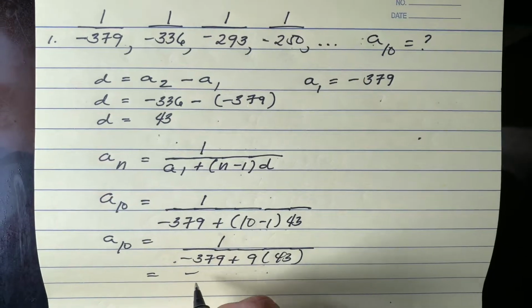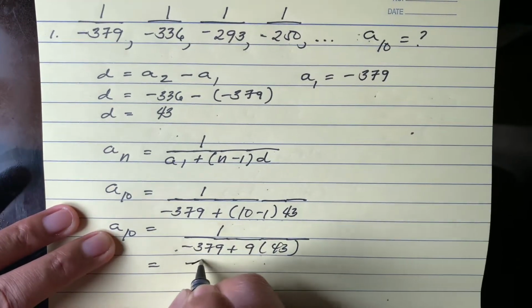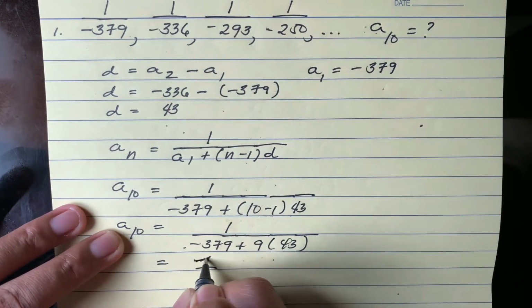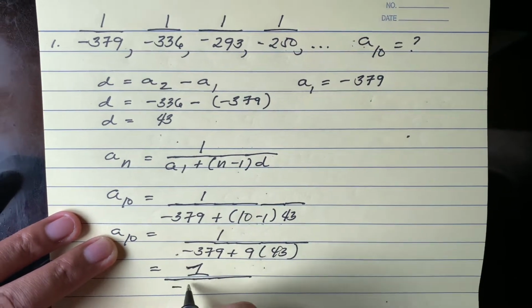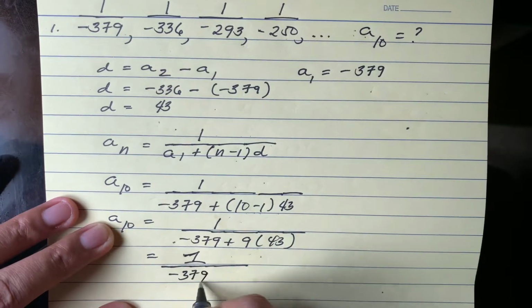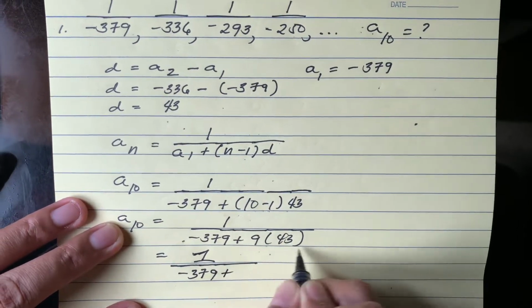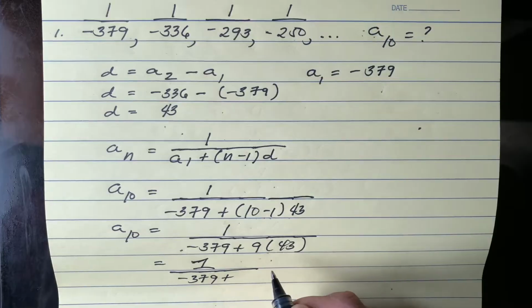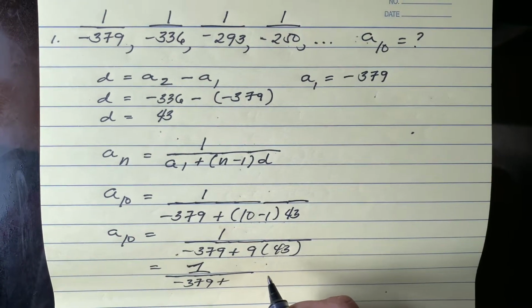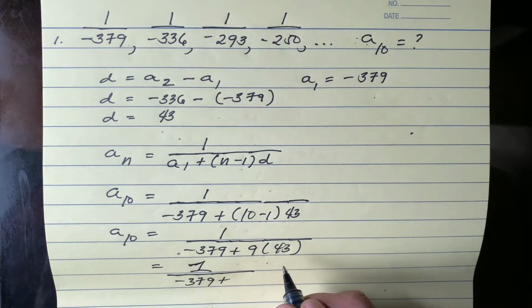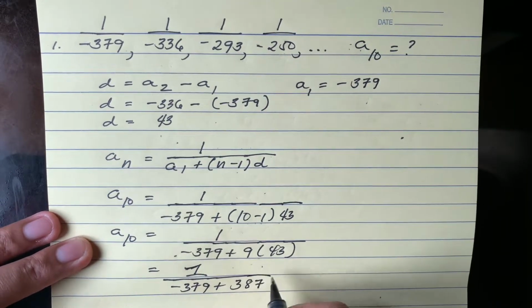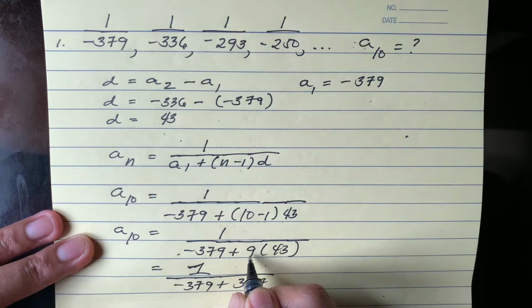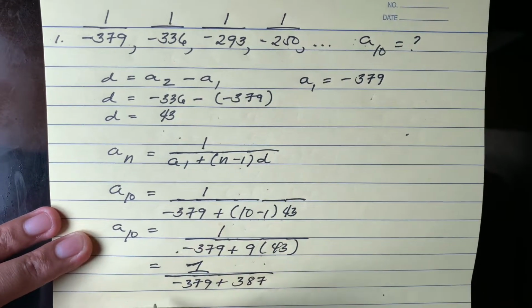So this is 1 all over negative 379 plus, let us get the product of 9 and 43. That would be equal to 387. That is the product of 9 and 43.